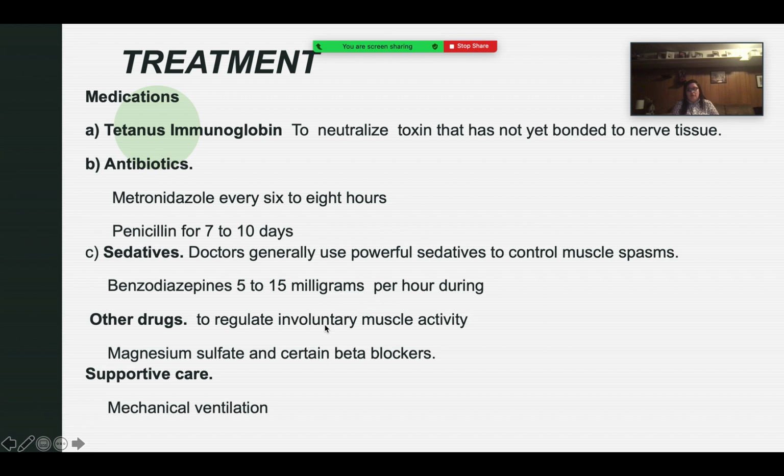Other drugs to regulate the involuntary muscle activity are magnesium sulfate and certain beta blockers. And also the supportive care is going to be based on mechanical ventilation, since the patient is not going to have the ability to breathe because of the stiffness of the muscles.